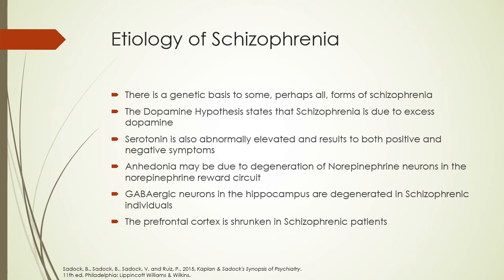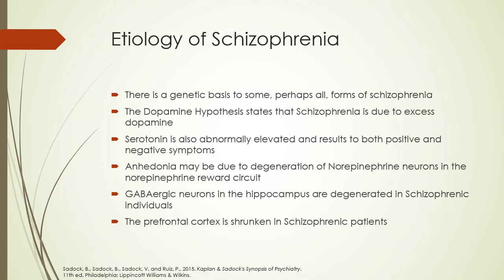Brothers and sisters who have schizophrenia will predispose the other siblings to schizophrenia. So it means that if the parent has schizophrenia, there is a higher chance that his or her kid will have schizophrenia. The dopamine hypothesis states that schizophrenia is due to excess dopamine.